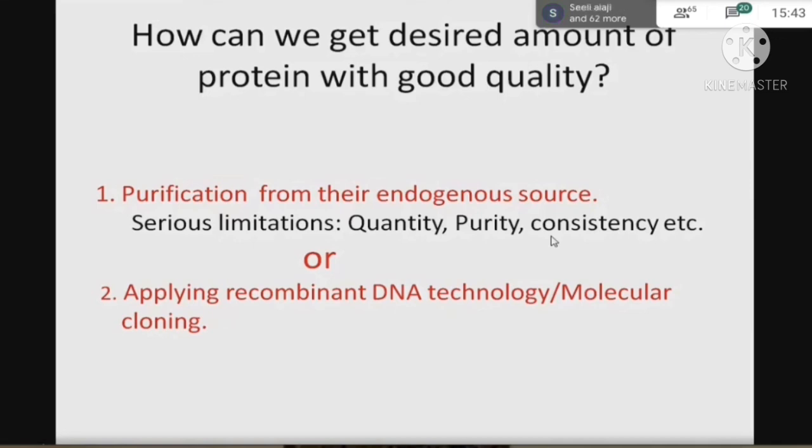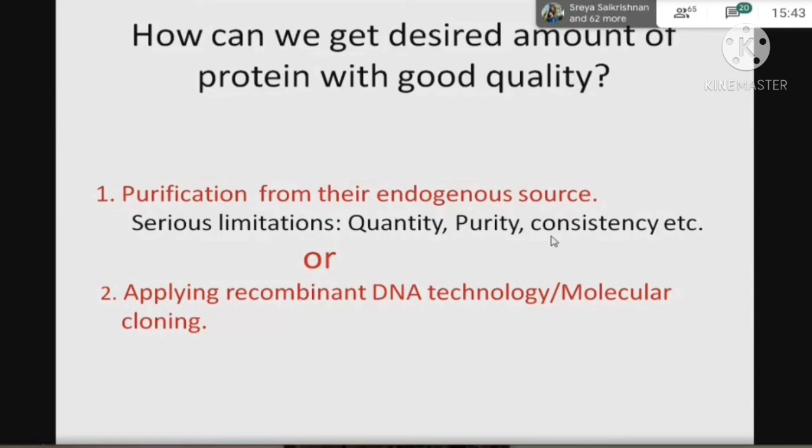Somebody has more, somebody has less, somebody has different contaminating sources. In this way, there are serious limitations of using endogenous protein for our purpose. The purposes are to use in industry, as a drug, and for research. So we have two options, endogenous as well as recombinant.